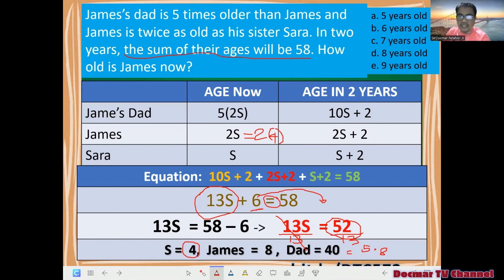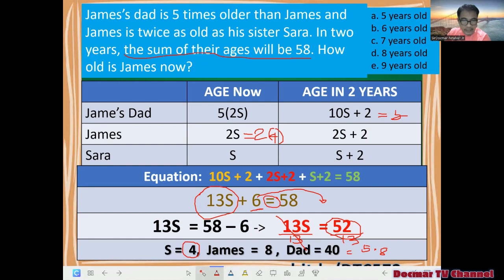James' dad's age. So we have 10 times S, which is 4, is 40 plus 2. Ilan? So of course, in 2 years lang naman. So 42, kasi 40 naman. Tapos ito sa kabila naman ay 8 plus 2, then we have 4 plus 2 is 6. So this is 52. I mean 42 pala.